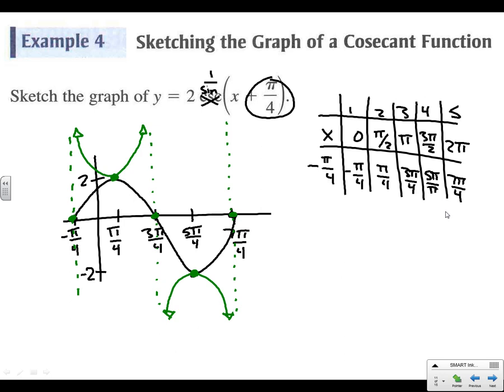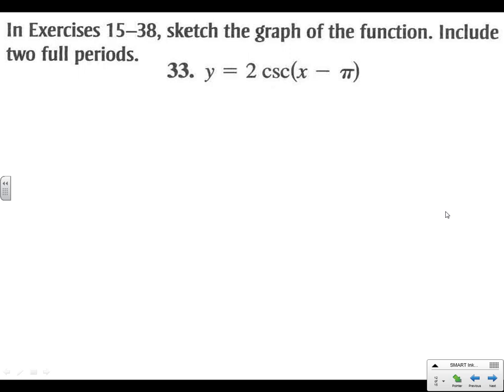Okay? So once you get good at these, you probably won't need to draw both graphs. You can just draw the points. And so see if you might be able to get away with that on this example here, 33. All right, let's check out our important points first. We're to the right by pi.